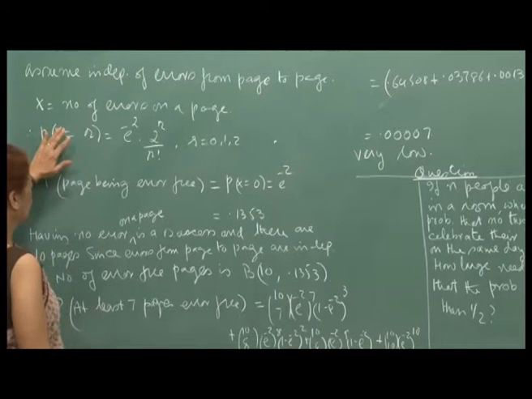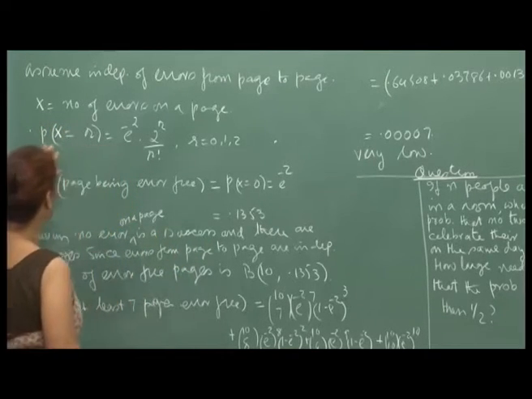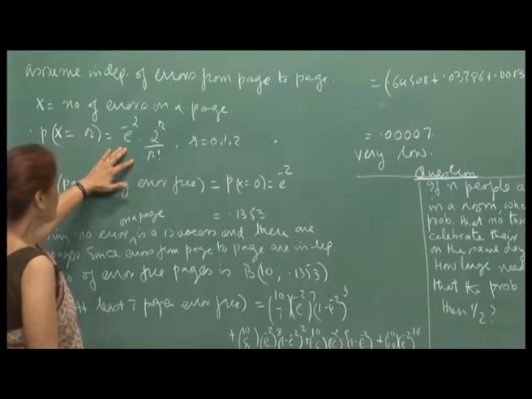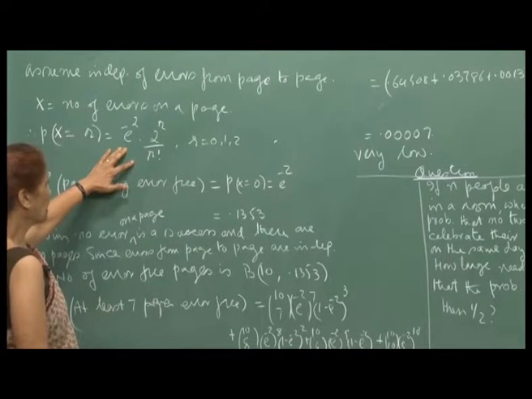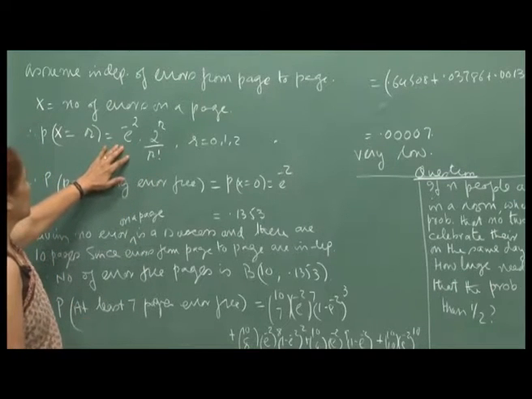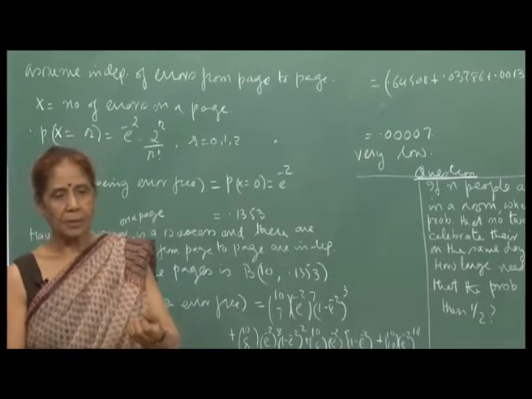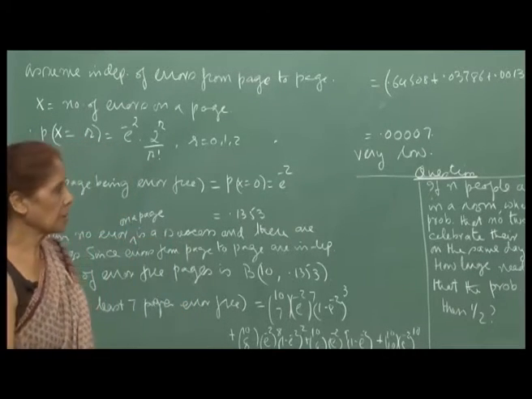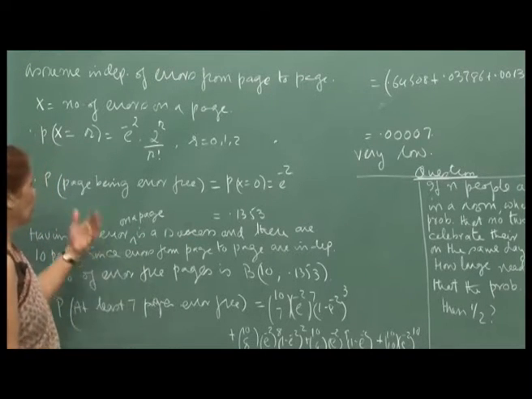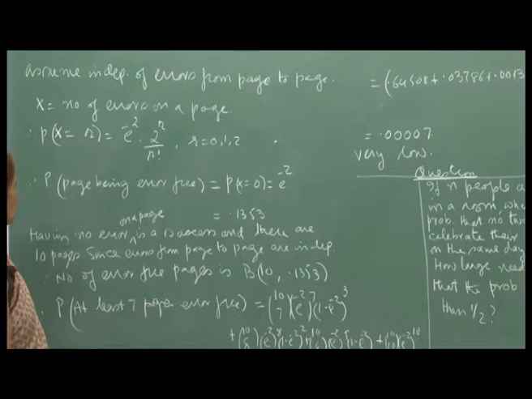Then we will model this by the Poisson random variable, so probability x equal to r will be e raised to minus 2 into 2 raised to r upon r factorial, where r can vary from 0, 1 to anything. Since the average number of errors made by the printer on a page is 2, I am taking 2 as the parameter of the Poisson random variable that I am using to model this particular situation.